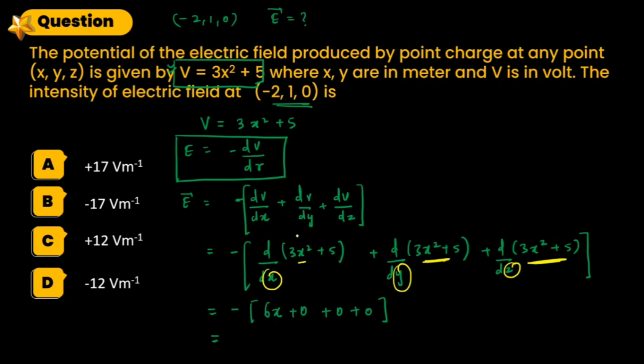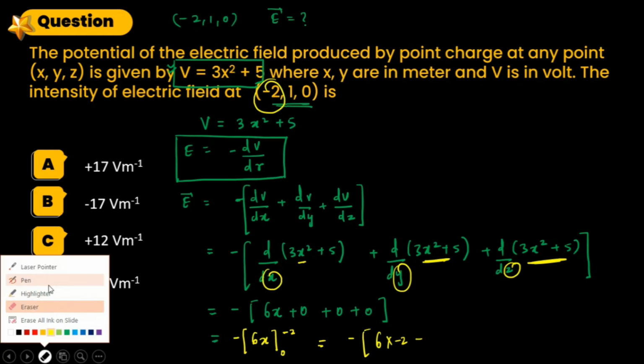Now the important part here is the limit. So negative of 6x, and the x coordinate is going to be -2, because we have to find the electric field at (-2, 1, 0). So we simply substitute the value. When we integrate and substitute limits, we take the upper limit minus the lower limit.